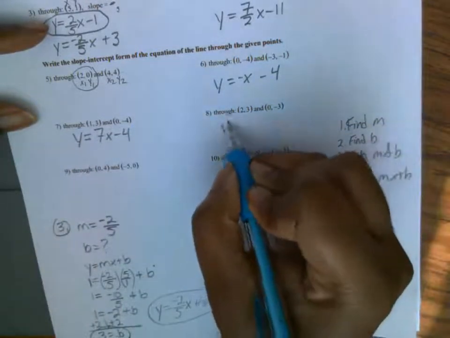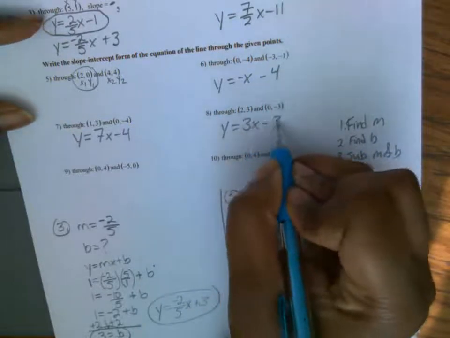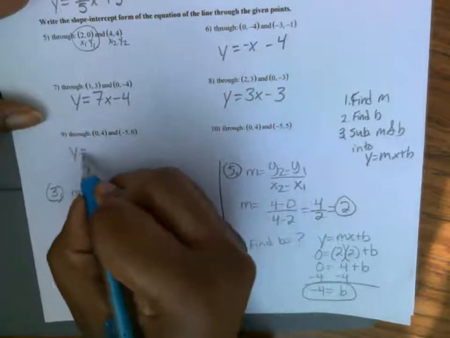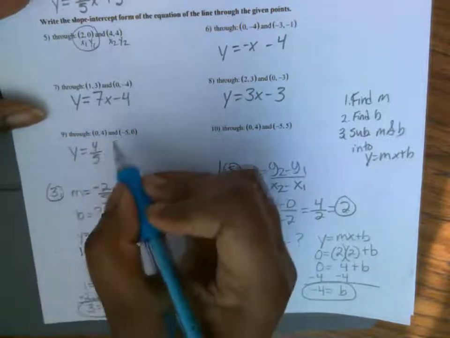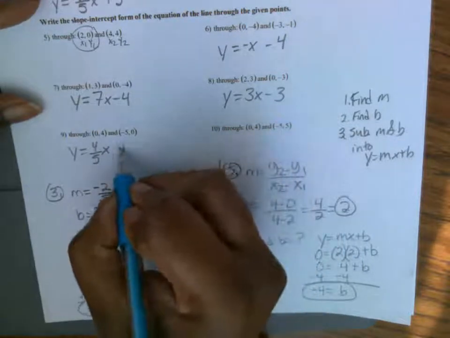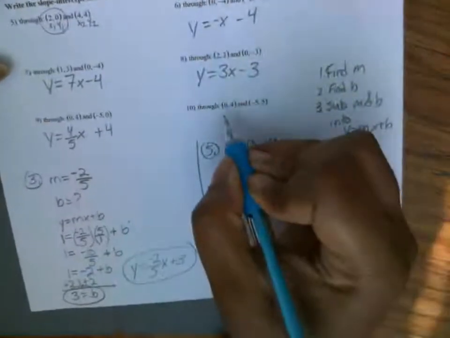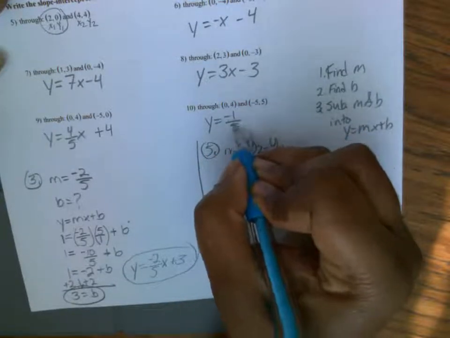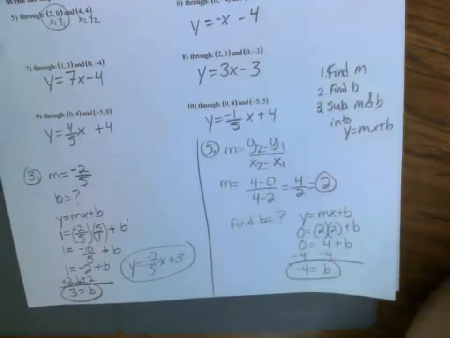Number 8, y is equal to 3x minus 3. For number 9, y is equal to 4 over 5, or you can write 0.8 as the decimal, x plus 4. And number 10, y is equal to negative 1/5 x plus 4.